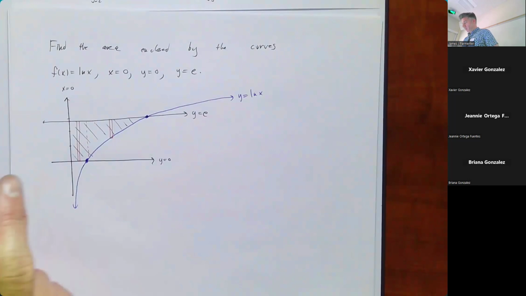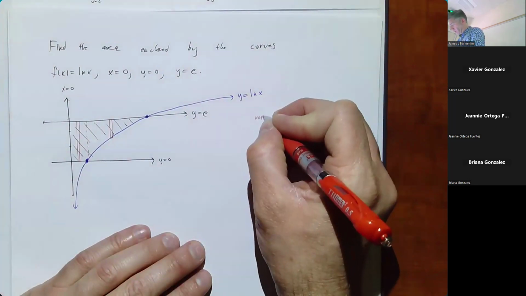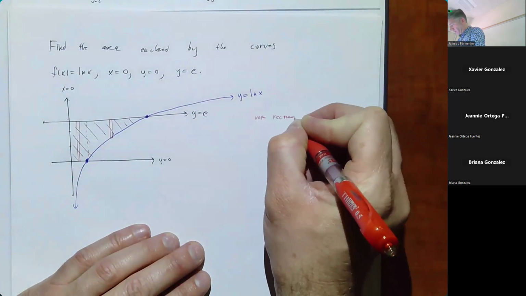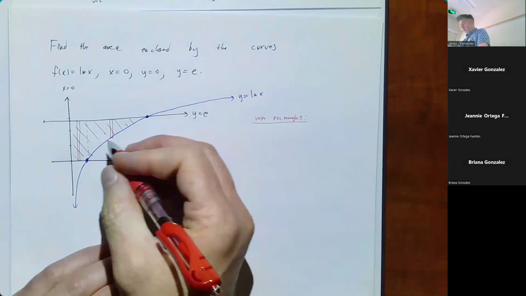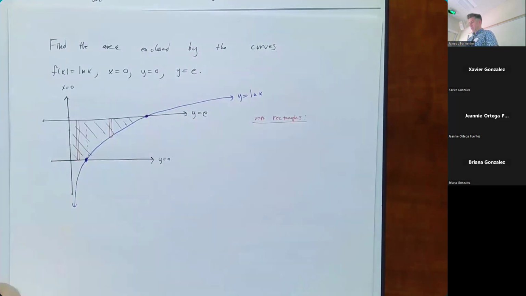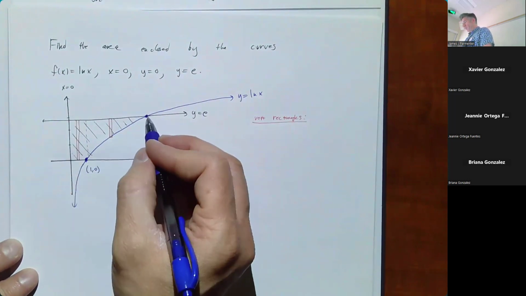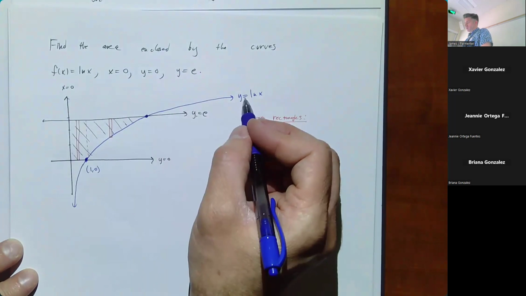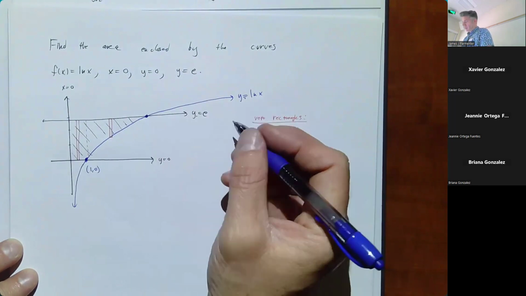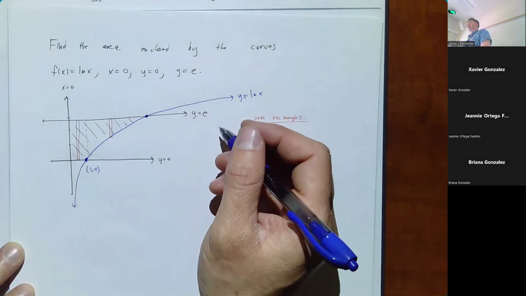So if we do it vertically, with vertical rectangles, I should find these points of intersection. I said that was the point 1, 0. And this point here is where y equal to e and y equal to natural log of x intersect. Ooh, e was not the choice I meant to make. Oh well, such is life. It's just going to be less nice.